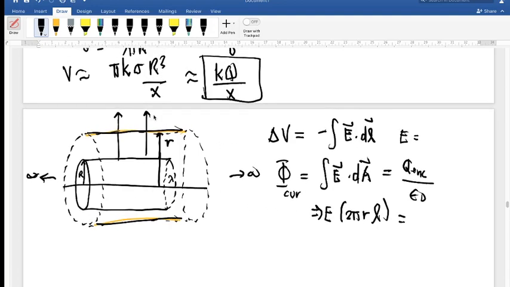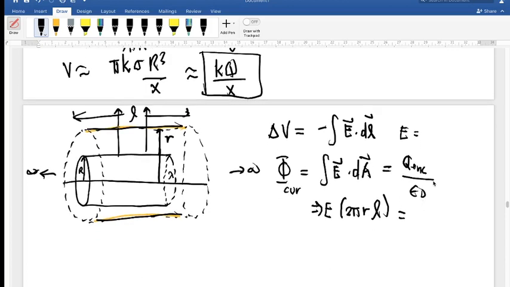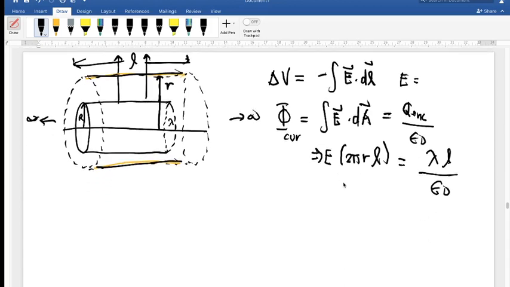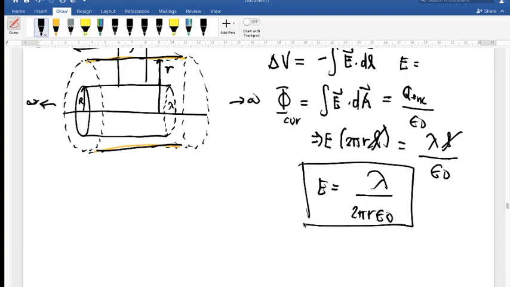So again, the L here is the length of the Gaussian surface. Then the Q enclosed is actually equal to lambda times L over epsilon sub naught. So therefore E, you saw the solution last time. Okay, so that is lambda over 2 pi R epsilon sub naught. So this is the electric field.